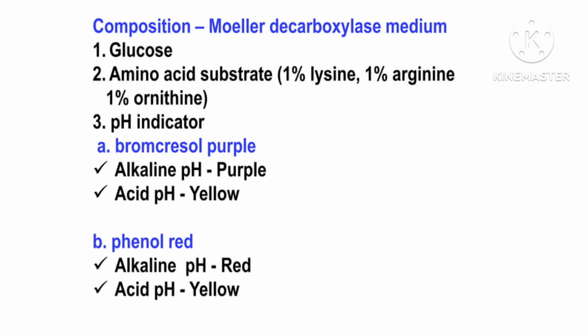Bromocresol purple at alkaline pH will stay purple. When it changes to acidic pH it will change to yellow, and the phenol red indicator at alkaline pH will show red, at acidic pH it will show yellow.